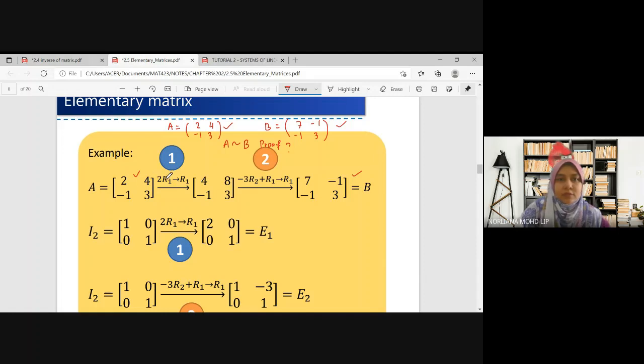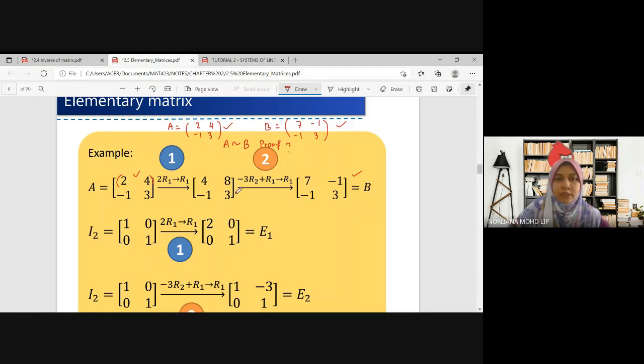So multiply row 1 by 2, and we get 4, 8, -1, 3. And then we want to make row 1 into 7, -1.